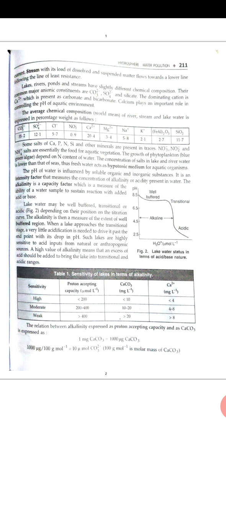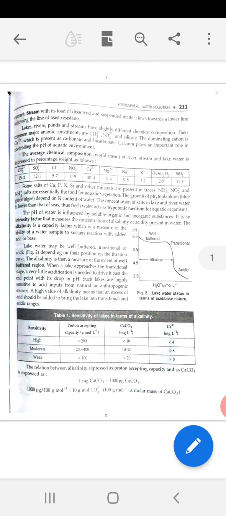A high value of alkalinity means that an excess of acid should be added to bring the lake into the transitional and acidic range. Sensitivity of a lake in terms of alkalinity is high when its proton accepting capacity is less than 200, or calcium carbonate is less than 10 and calcium ion less than 4.